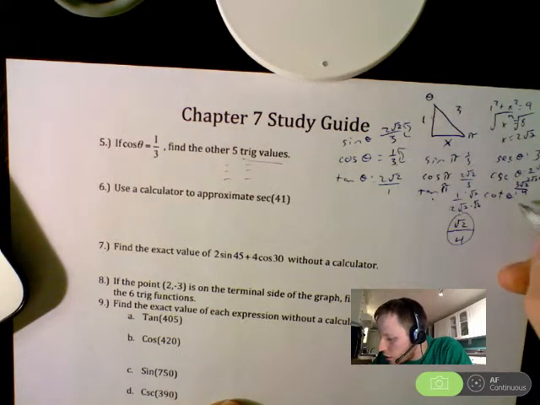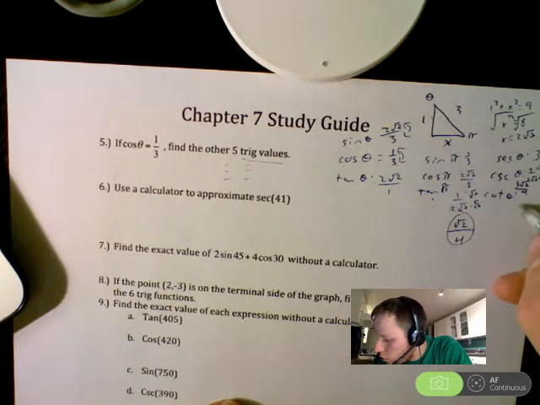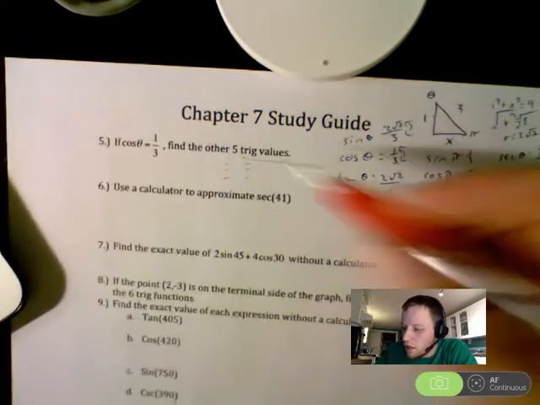And cotangent ends up being, if we flip this, 1 over 2 square root of 2 times square root of 2 over square root of 2. So it ends up being square root of 2 over 4. Okay? That's how you do this one.